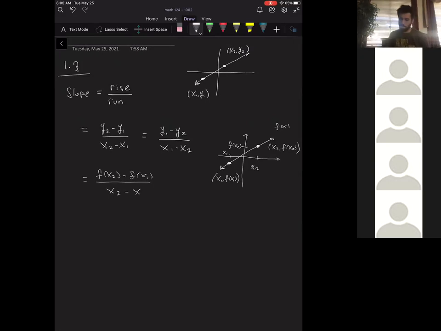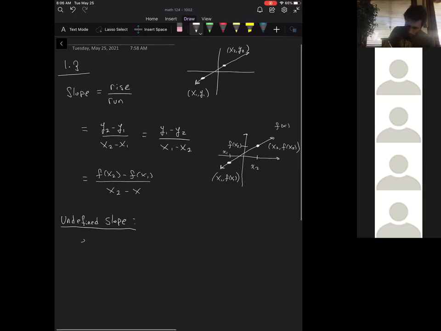Maybe one thing we could talk about before we get started is an undefined slope. Whenever we have the slope equation, y2 minus y1 over x2 minus x1, and we have 0 in the bottom of the fraction, that means we're going to have an undefined slope.